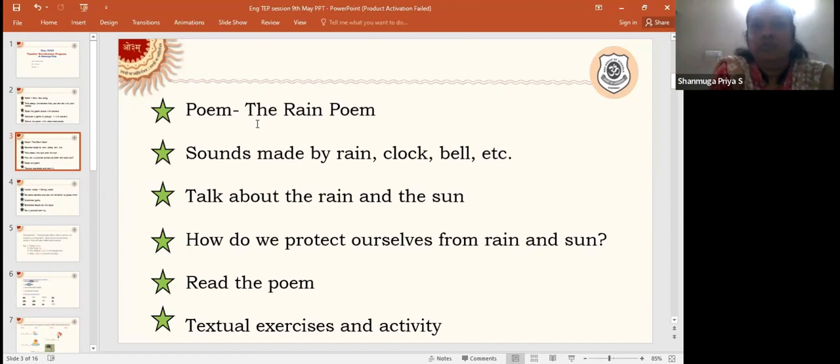We can ask them to draw simple objects like umbrella, raincoat, boots, and even sunglasses and cap. And the things we use, like juice, hot coffee or milk, hot soup. These kinds of things can be drawn in their classwork as an art integrated activity. Okay.